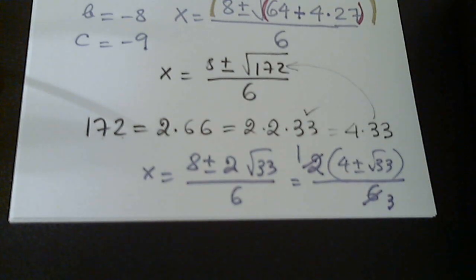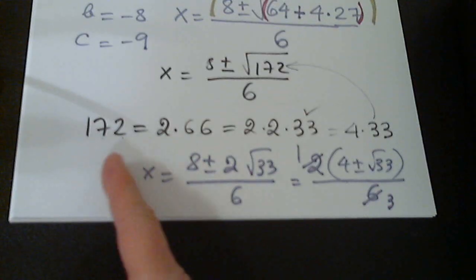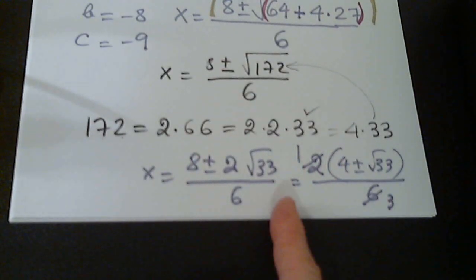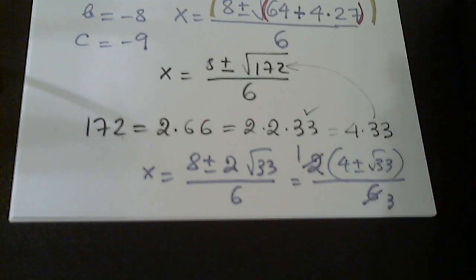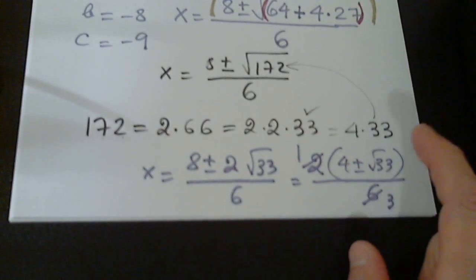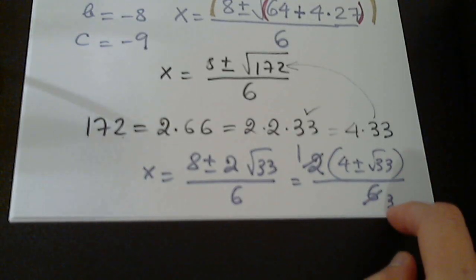So the simplified form, very tedious problem, a lot of steps, very easy to make an error, a lot of simplifications, radicals, simplify, factors, simplify. So the simplified form of the answer is 4 plus or minus the square root of 33, everything over 3.